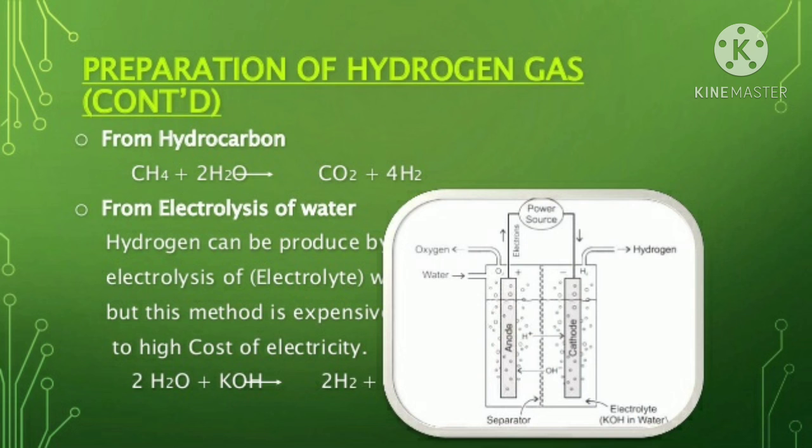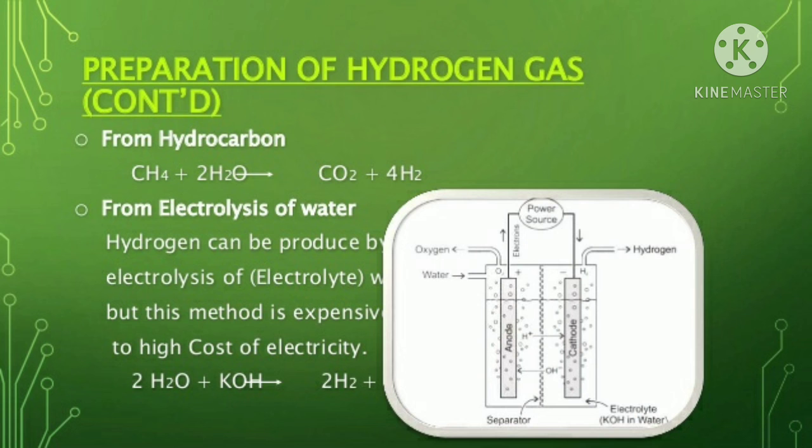This method of preparation of hydrogen is not used because the sodium melts into globules and darts about in the water, so the collection of hydrogen becomes difficult. Therefore, the sodium is wrapped in a wire gauze and used in the above preparation.